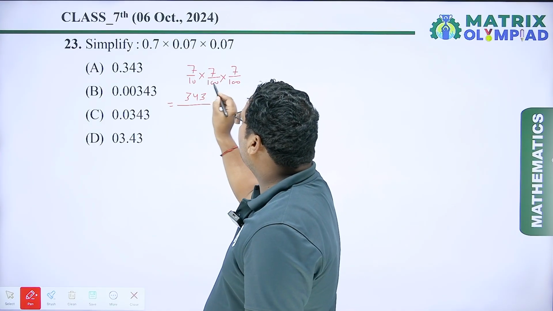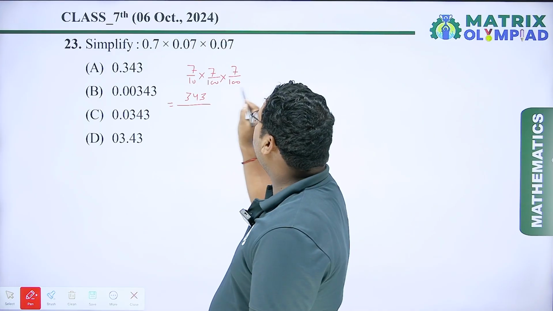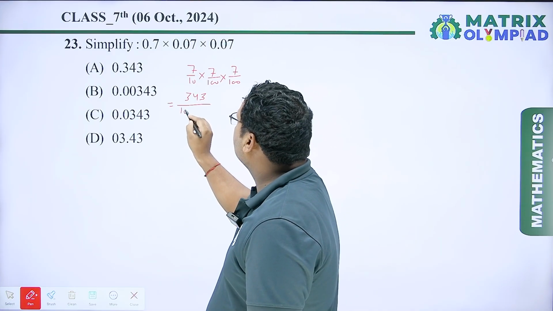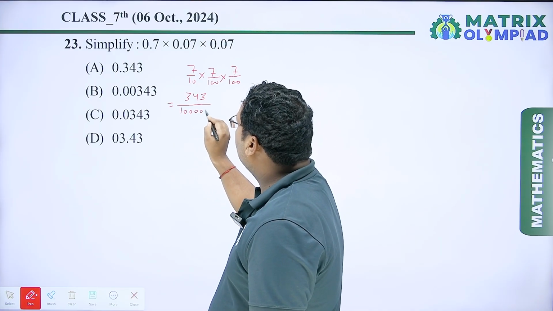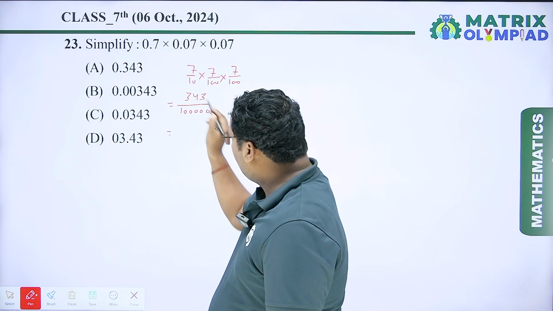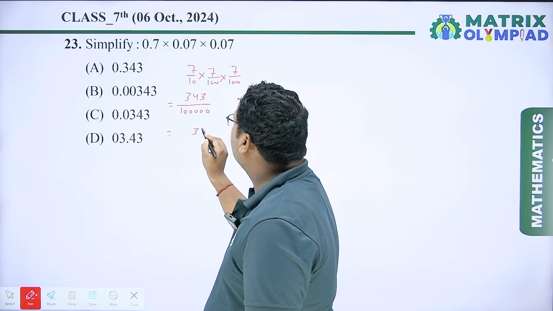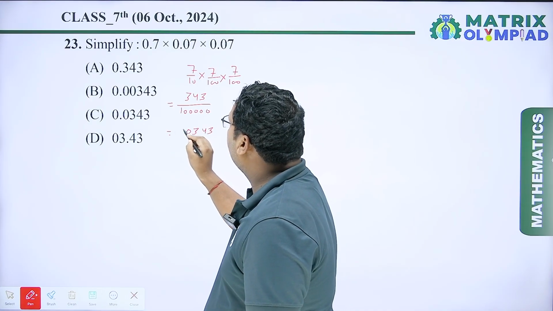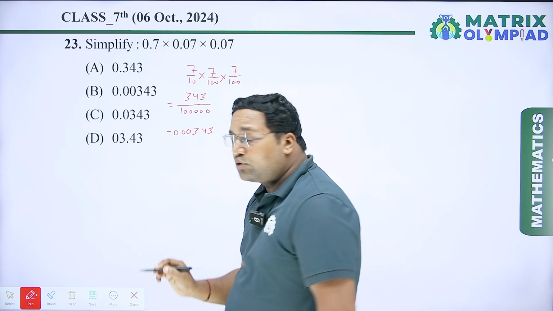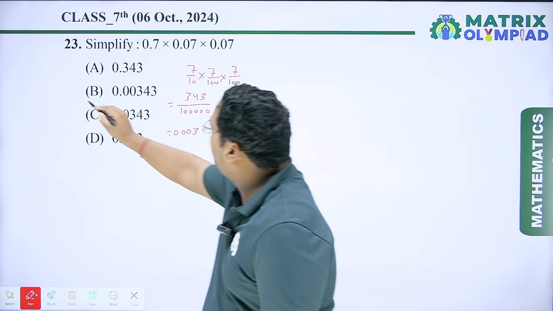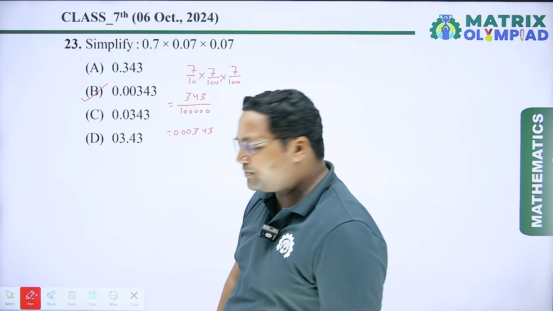And 10 into 100 is 1000. 1000 into 100 is 1 lakh. So now solving this, we will get 0.00343, which is option number B. So the correct option is option B.